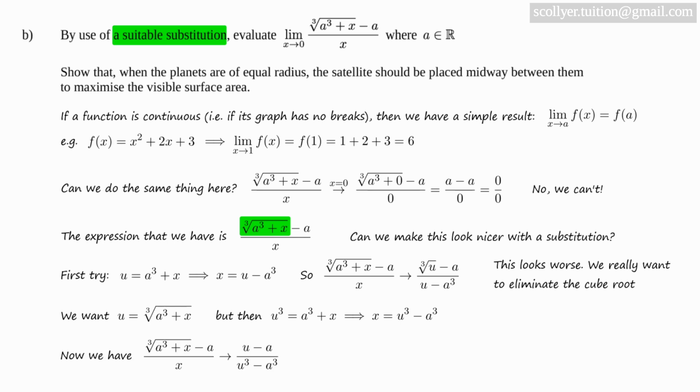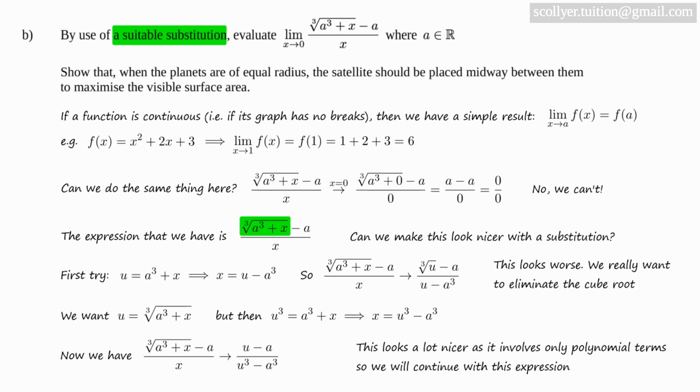And then the expression in question turns into u minus a all over u cubed minus a cubed. And this clearly looks a lot nicer, because it only involves polynomial terms. So we will try to continue the problem with this form of the expression.